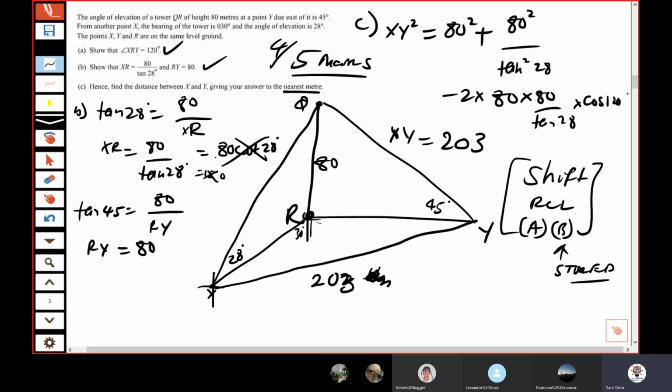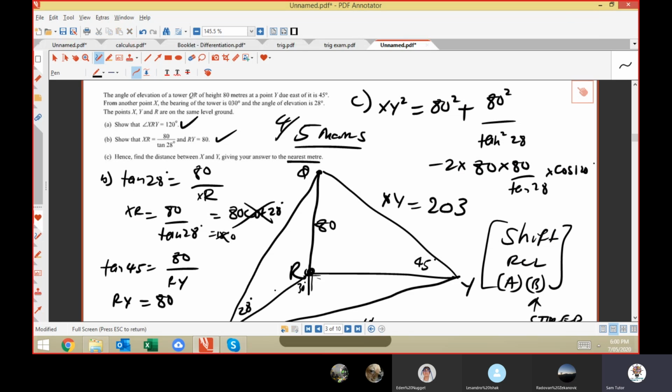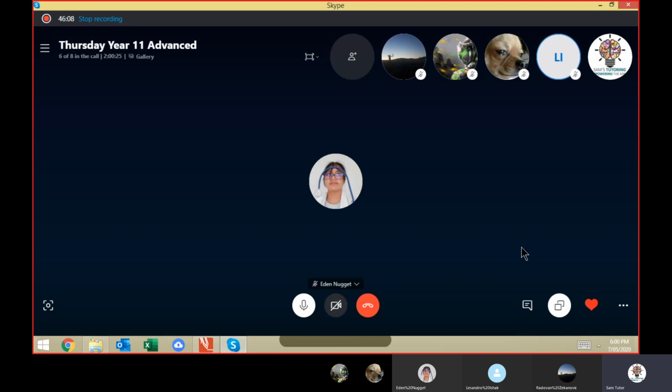You're meant to use the whole figure again, and that usually tricks students. Never use a rounded answer. Plug all this into your calculator. That's all I can say to you guys. All right, I'm happy with that.